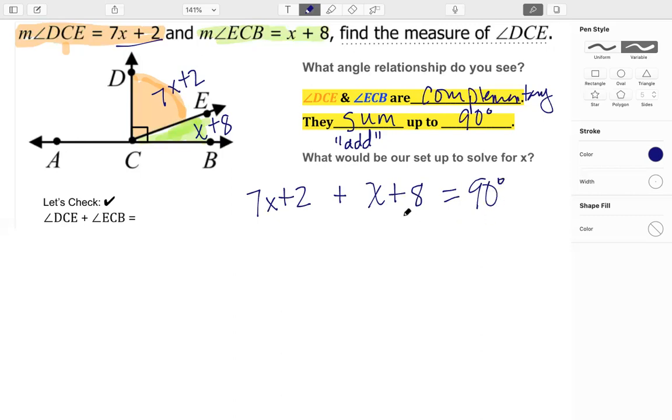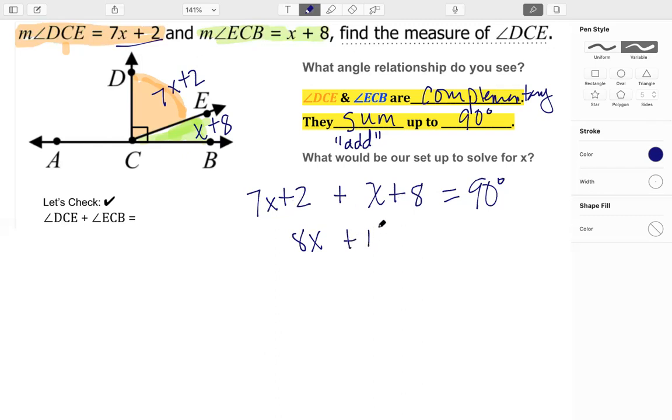This equation is going to help us solve for x. Let's go ahead and combine like terms now. We have 7x plus x. The value there is just 8x. So let's go ahead and write 8x. All right, and then we have positive 2 plus 8.